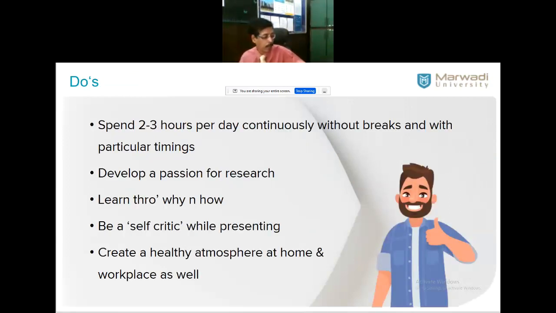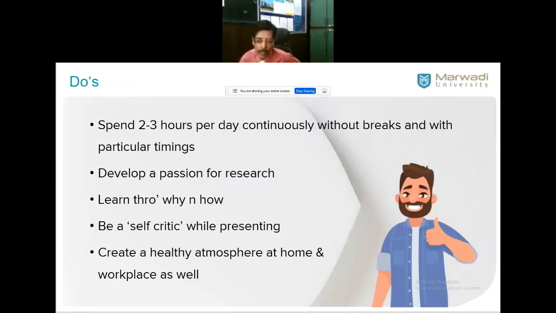Based upon my personal experience, there are certain do's and don'ts for research. Number one, you need to spend regularly a minimum of 2 to 3 hours continuously without any break at a particular time. If you are free only by night, 10 to 1 we have to do it. If you do not find time at the college, we have to work with extended hours.